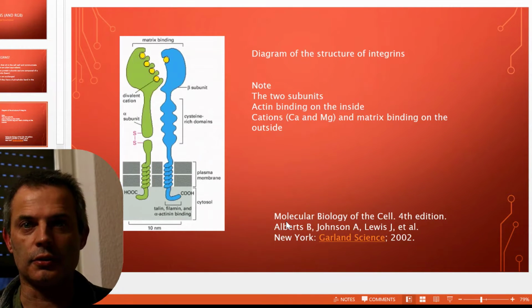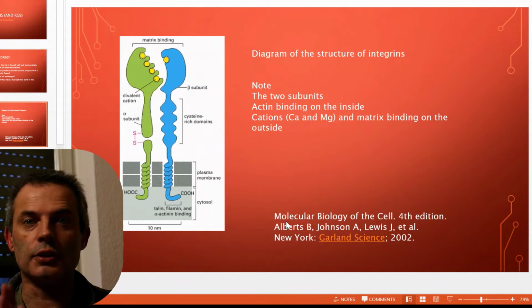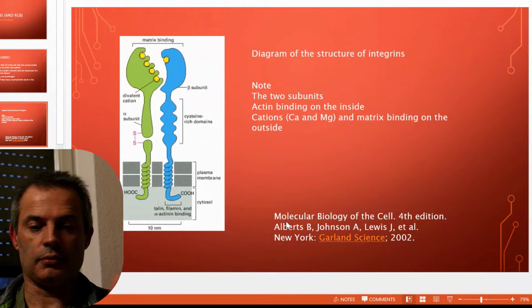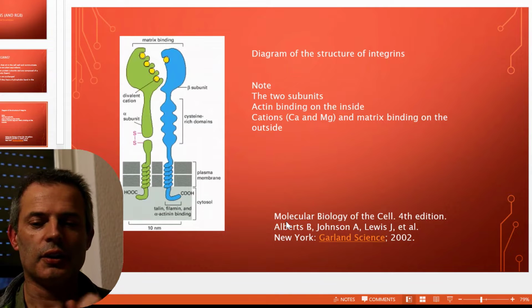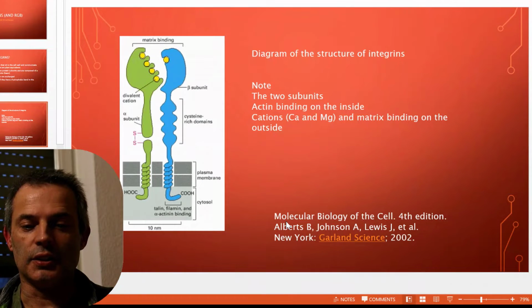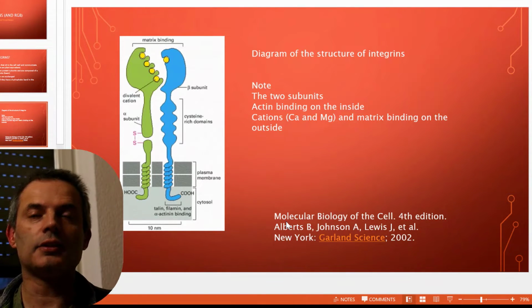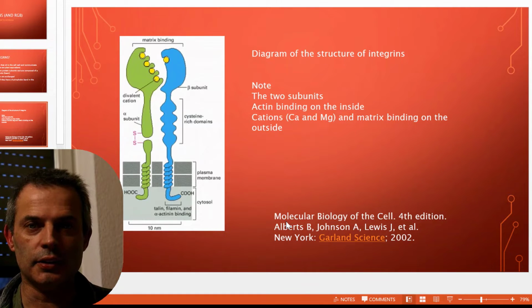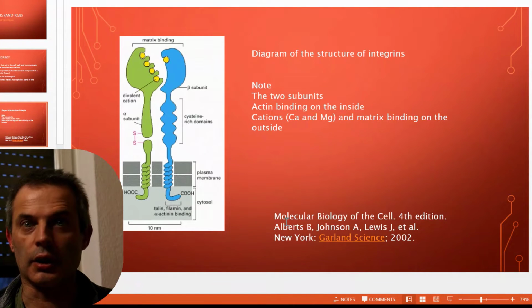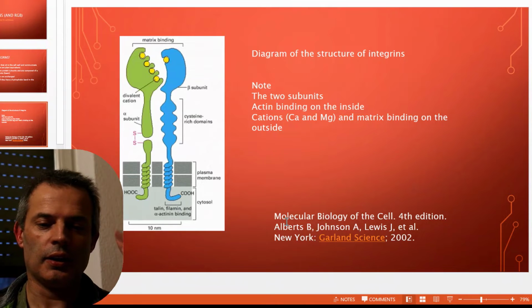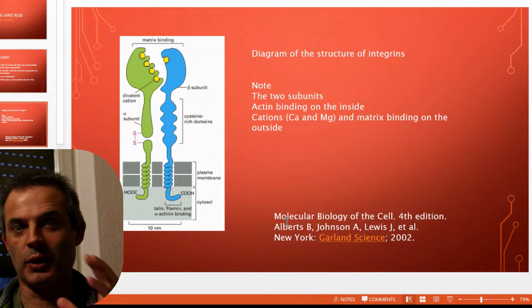Actin is one of the proteins in muscles. Actin and myosin are the two proteins that ratchet over each other to make you move, us move. And I know it looks a bit weird, so I have to look down to see what's going on. We can see these yellow divalent cations, which are typically calcium or magnesium, depending on which target the integrin has. It depends.